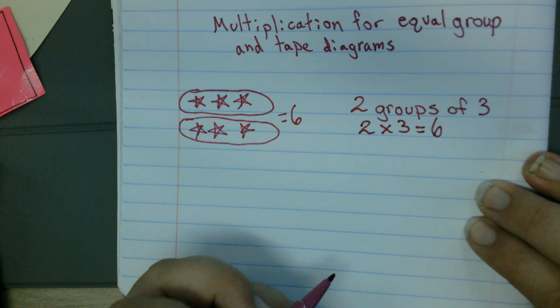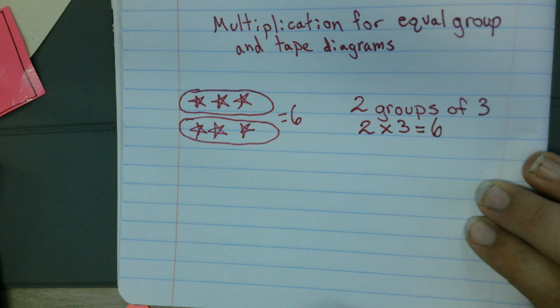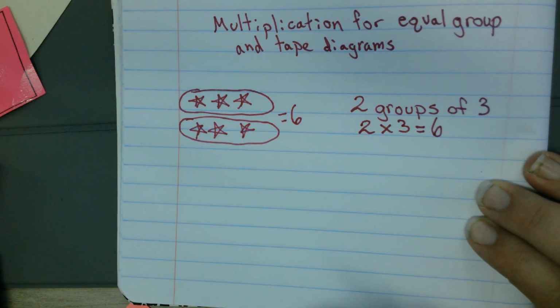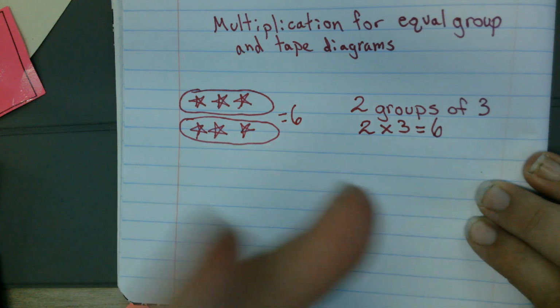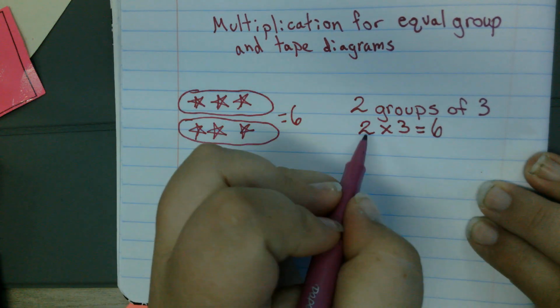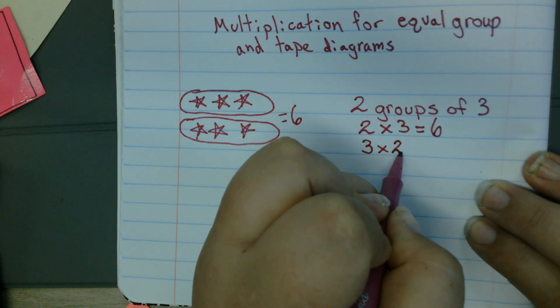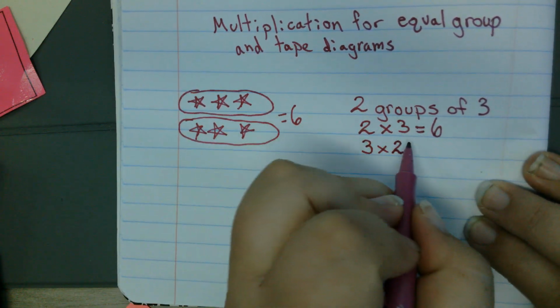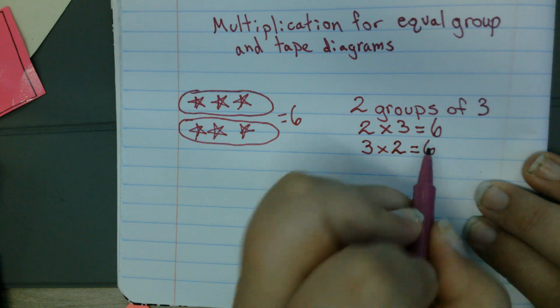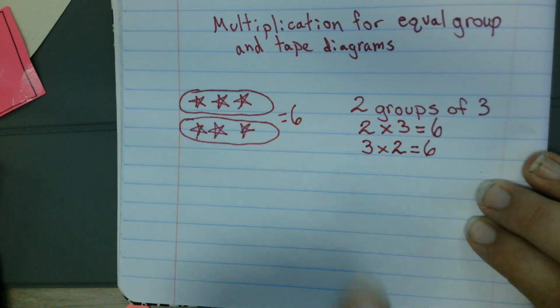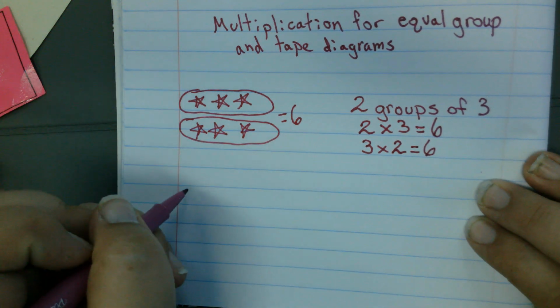And as I've said in the previous two nights of videos, we are also learning about the commutative property, which is the flip-flop property, and means that I could also write this as 3 in each of two groups to equal that 6.